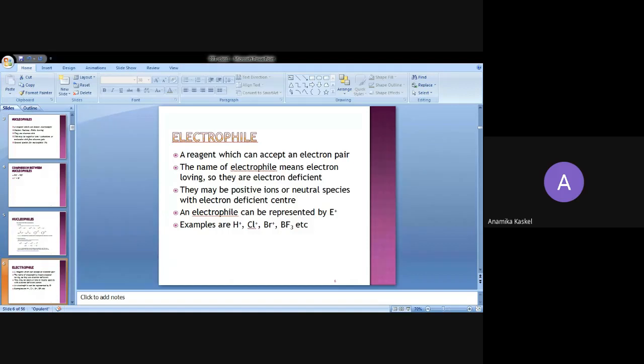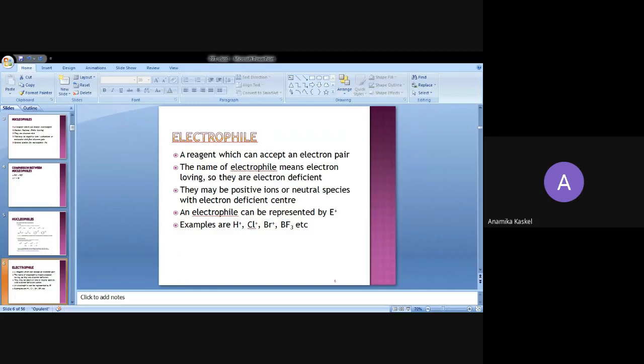Any answer from you? Due to high electronegativity of fluorine, the electron cloud will shift towards fluorine. Very good. This is one of the answers.